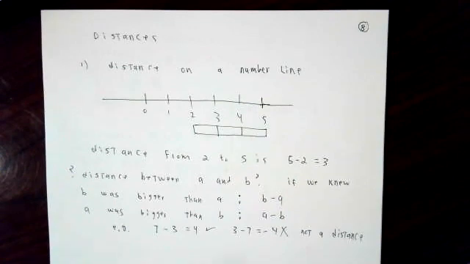So, for example, if A were 7 and B were 3, the other way around, if A was 3 and B was 7, the distance would be B minus A, which is 4. But if you calculated it in the other order, you would get negative 4, which is no good because distances are not negative. It's almost right, though. It's right, except that it has the wrong sign on it.